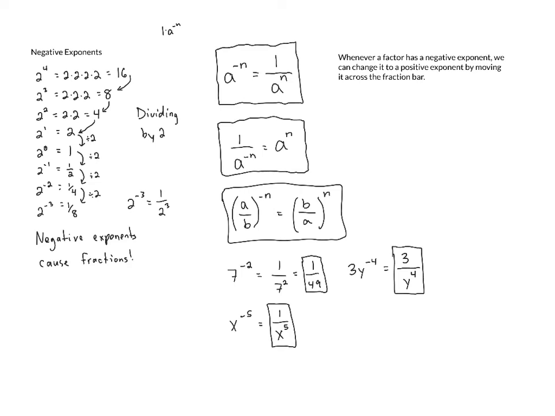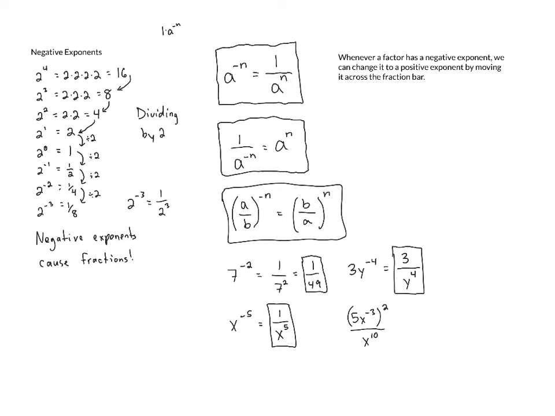Good. And let's do one more example. This one, I want to use a few rules of exponents. So let's take a look at 5x to the negative third, squared, all over x to the 10th.